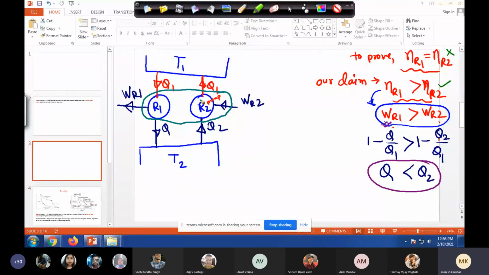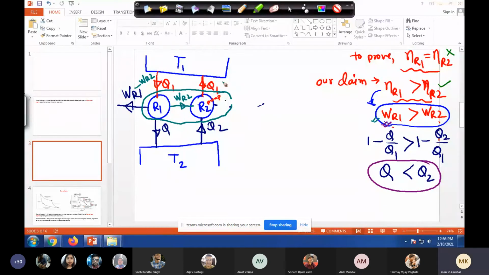And in this new device, since we need WR2 for this R2, let's say from WR1 we will give WR2 to this. So the remaining amount will be WR1 minus WR2. And we know WR1 minus WR2 is positive. What is the net heat interaction from T1?